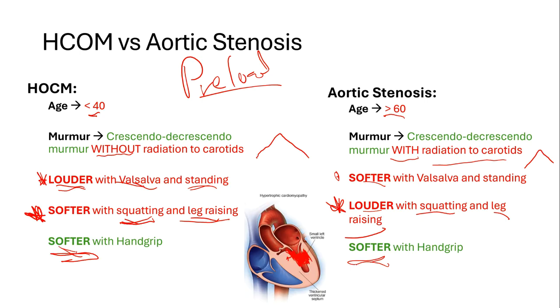I need to form more muscle mass, more energy, contract stronger in order to push blood out of the heart. This is not going to be done in a short amount of time. That causes my aortic stenosis to also get softer, as less blood is going to flow out of that left ventricle because it is going to flow into increased total peripheral resistance. This slide is extremely important to understand and to know for test day.